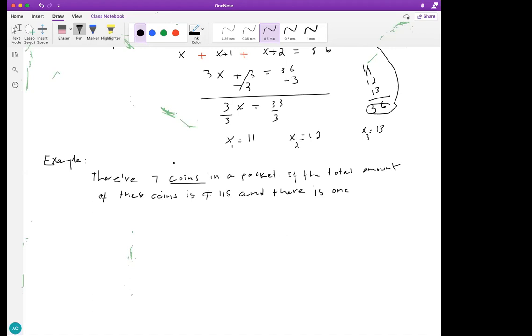Let's say these are quarters and dimes. So the total of the money, all these together, is 115 cents. And there is one dime more than quarters.